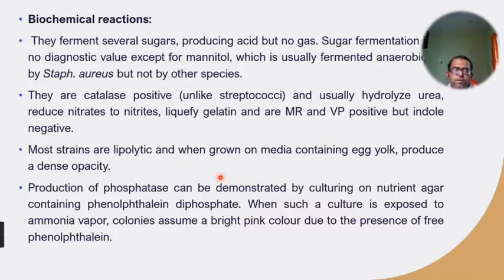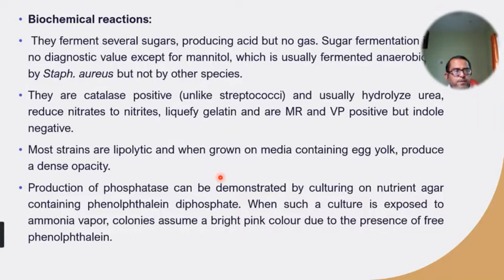Another test useful for the identification of this group of bacteria is the production of phosphatase. This test can be demonstrated by growing the bacteria on nutrient agar which contains phenolphthalein diphosphate. When such a culture is exposed to the vapors of ammonia, the colonies show a bright pink color due to the presence of free phenolphthalein.